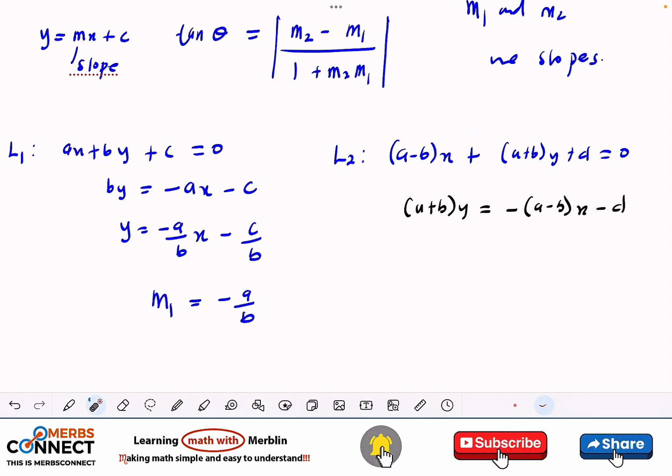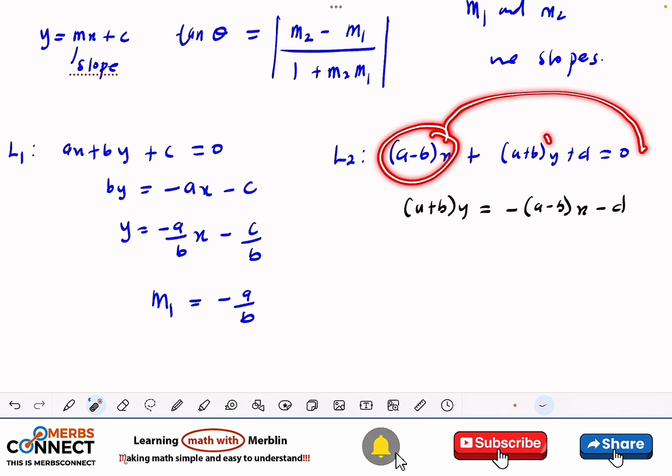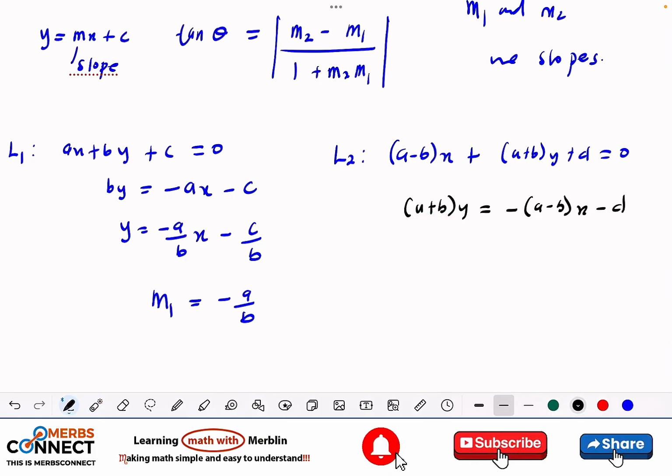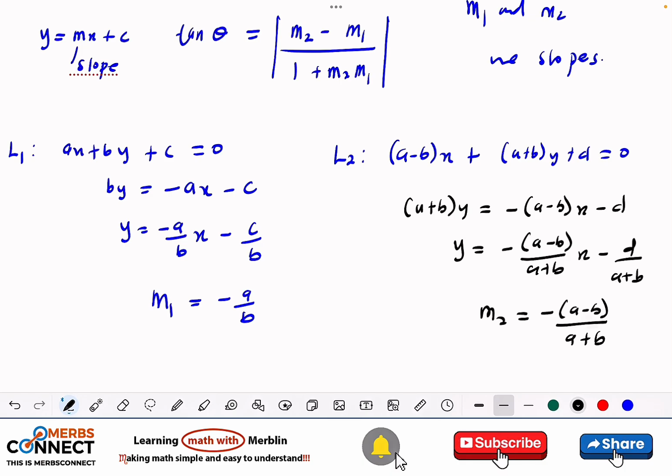I move this to the right, this also to the right, to become minus. Then I divide through by a plus b. So y is equal to minus (a minus b) divided by (a plus b), x minus d divided by (a plus b). So here it means that m2 is equal to minus (a minus b) divided by (a plus b).